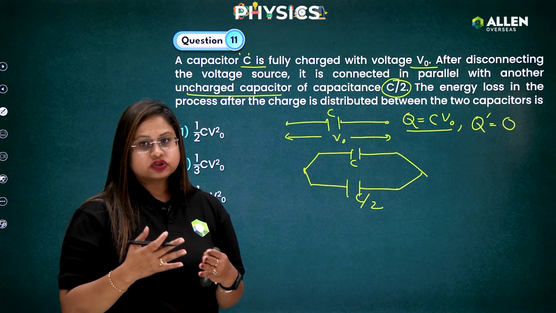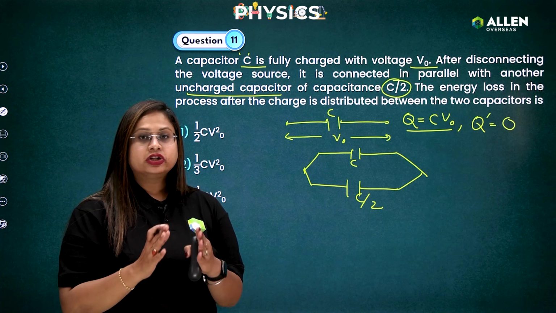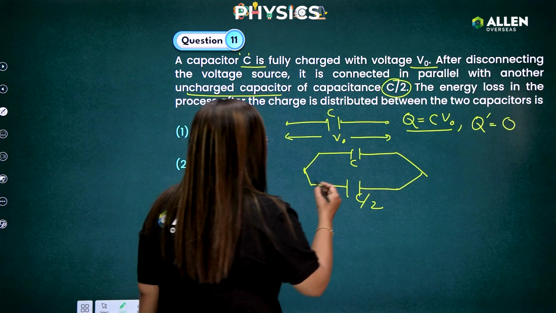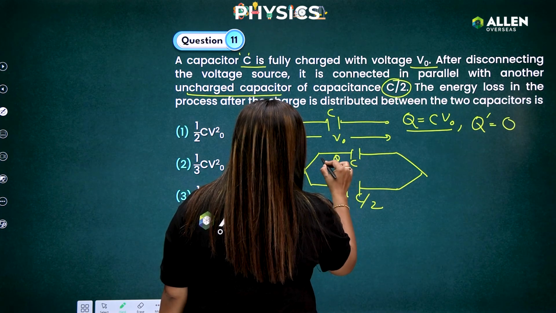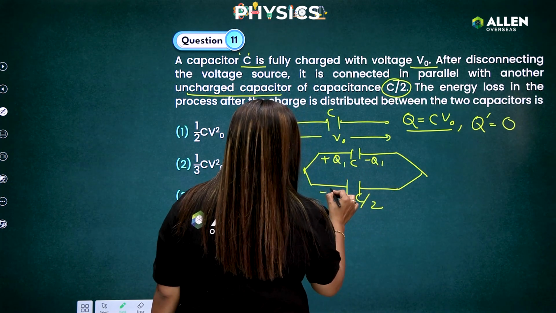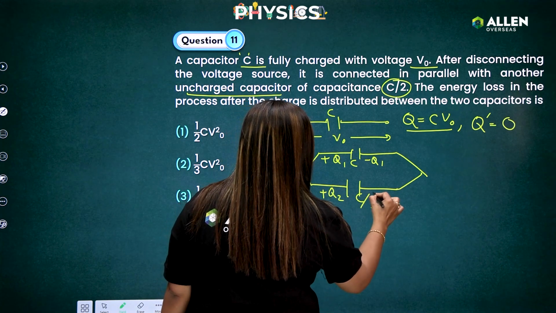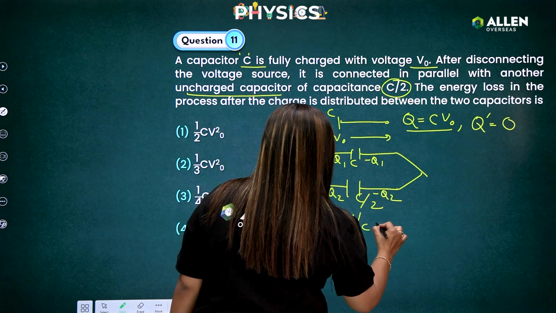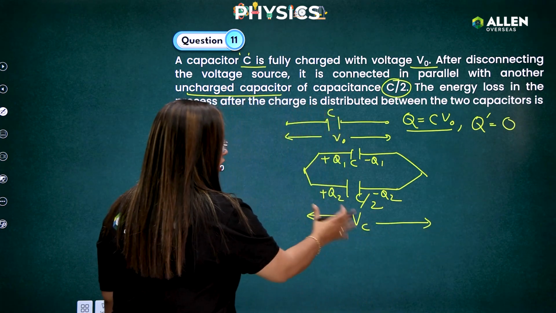So the charge has to be distributed in such a manner that the potential difference will be common for both of them. Let the final charge on this be plus Q1 and on this plus Q2, and the final potential difference be Vc, that is the common potential.